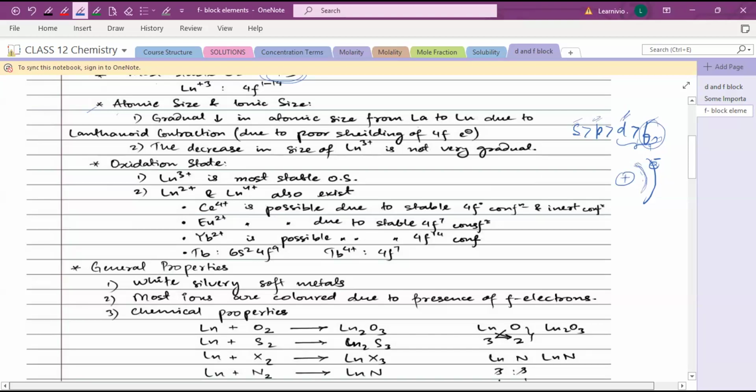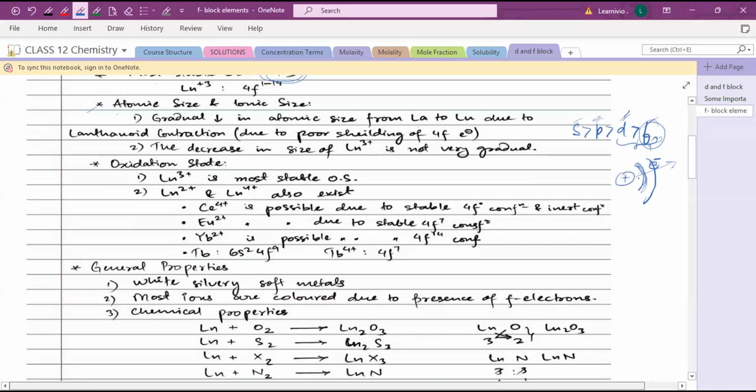Basically, s orbitals and p orbitals show a stronger shielding effect. The inner electrons act as a shield between the outermost electron and the nucleus. And due to that, the size increases. There will be less force of attraction between the nucleus and the electron.